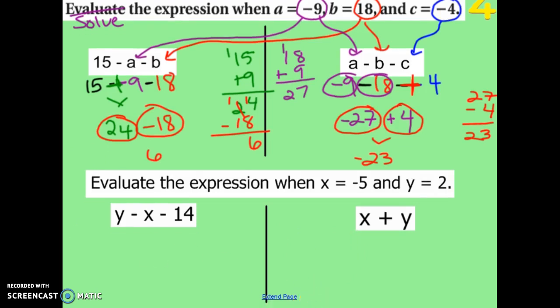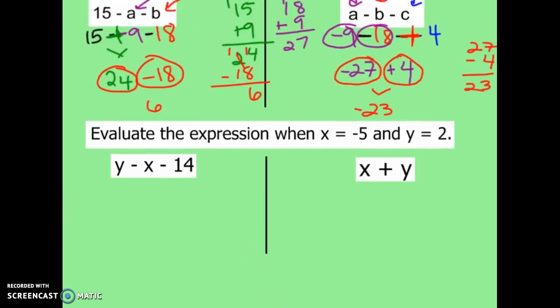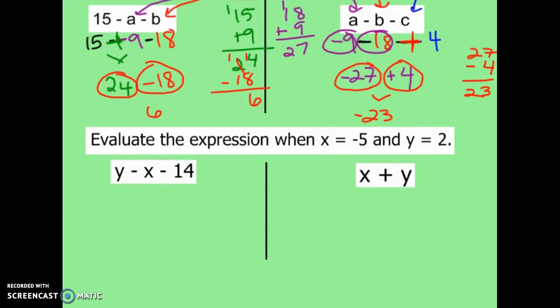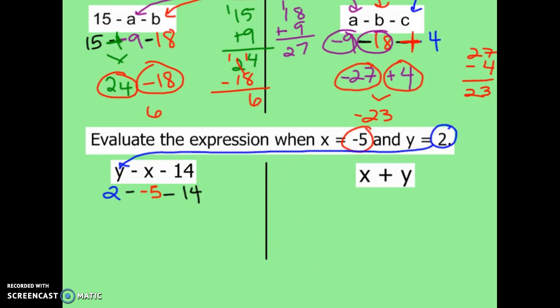All right, last two. I would suggest you try these on your own and then go ahead and solve them with me. I'm just going to circle x and y here. So first it says y right here, and y is 2. Then it says minus x, and x is a negative 5, minus 14, and that's just 14.